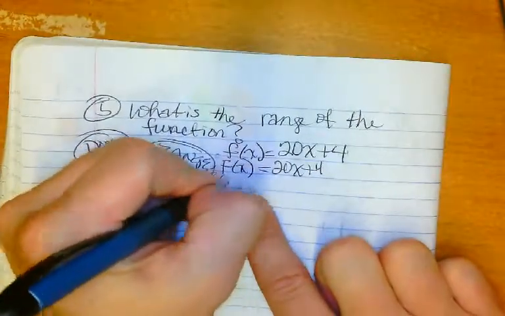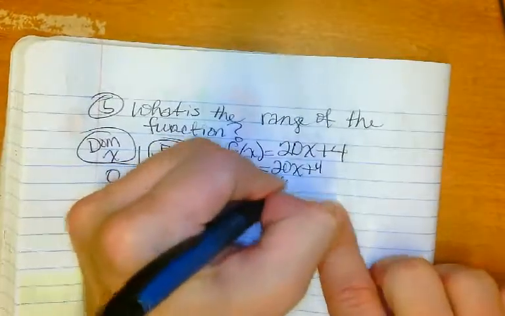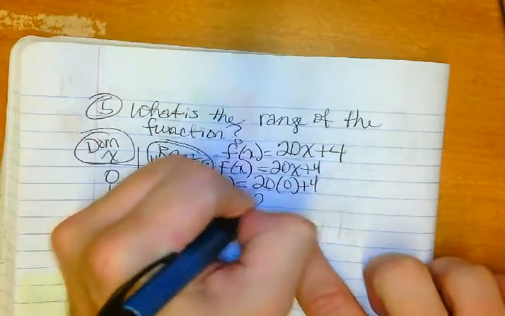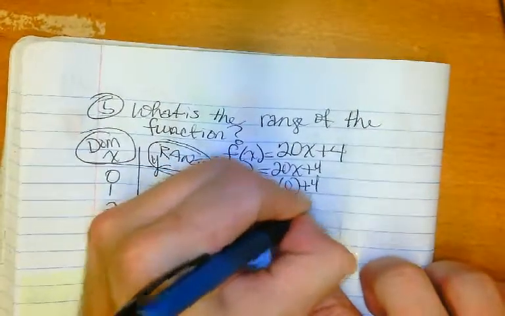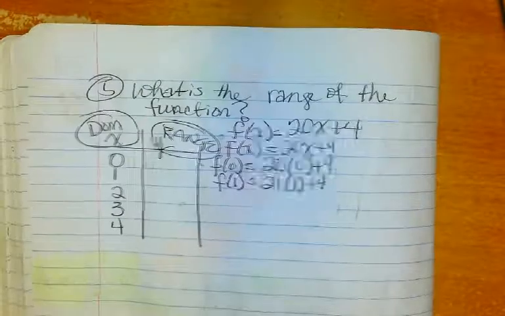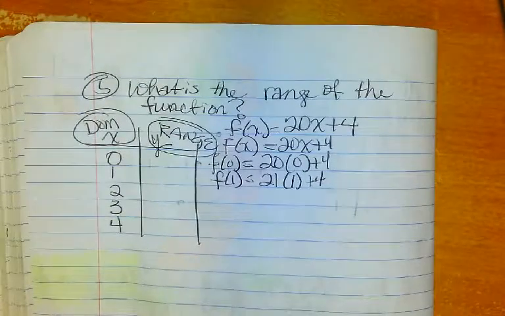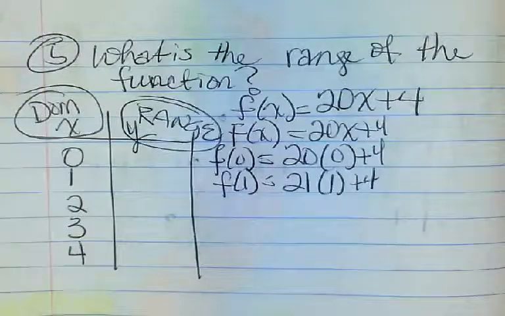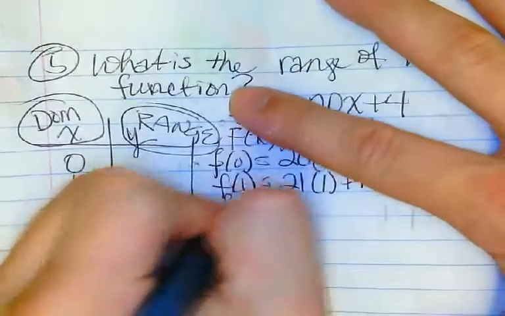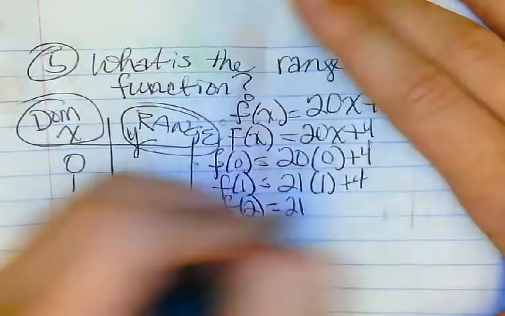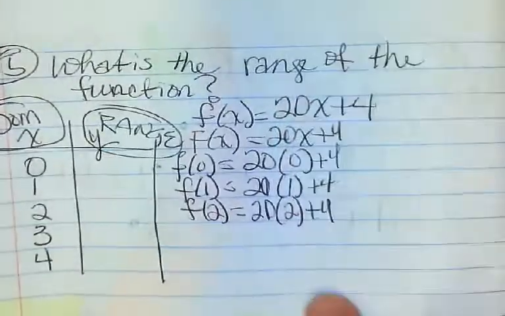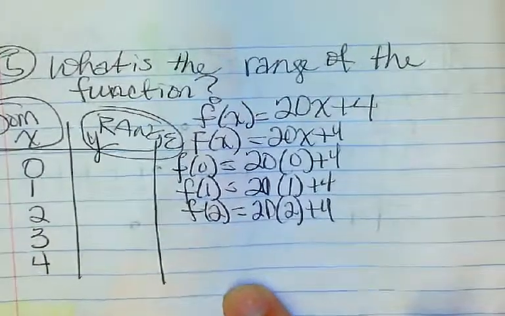So f of 0 is 20 times 0 plus 4. f of 1 is 20 times 1 plus 4. And then f of 2 will be 20 times 2 plus 4. And so on and so on.